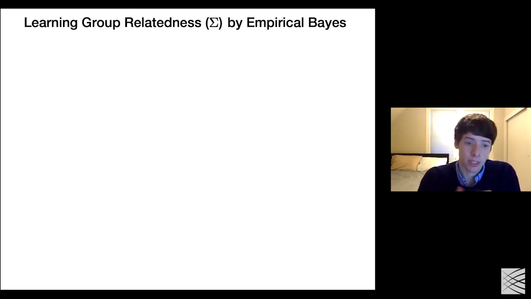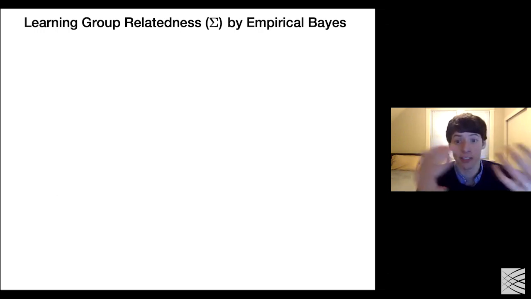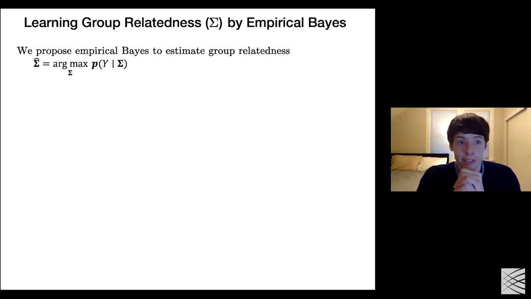Yeah, so as I mentioned, this matrix sigma represents the relatedness between groups. Since in many settings we don't have a great sense of what that should be a priori, we're proposing to learn this by empirical Bayes, in particular using this maximum marginal likelihood approach.